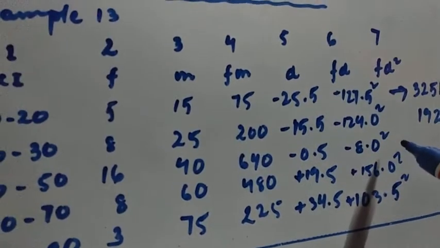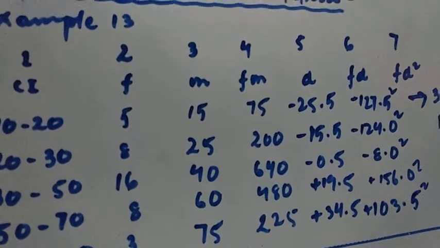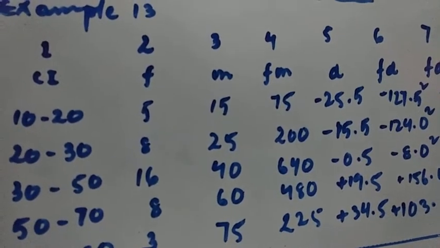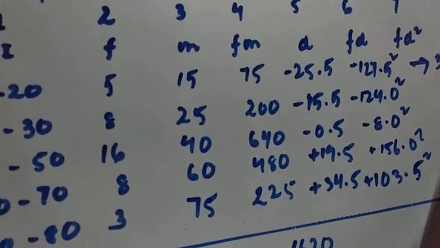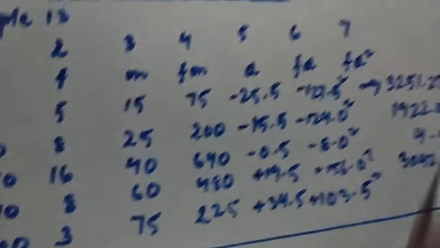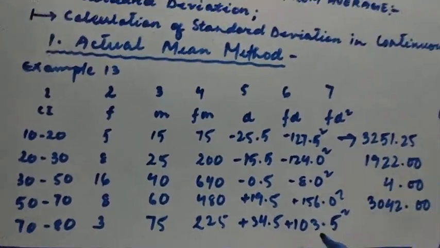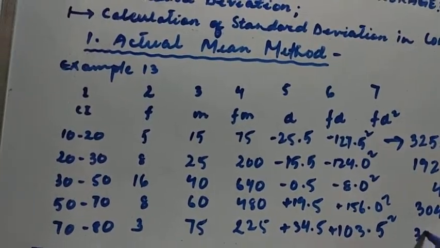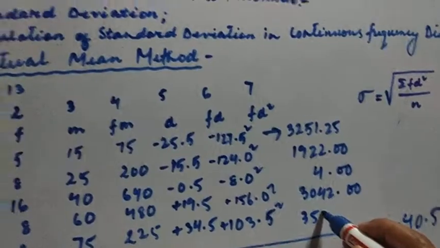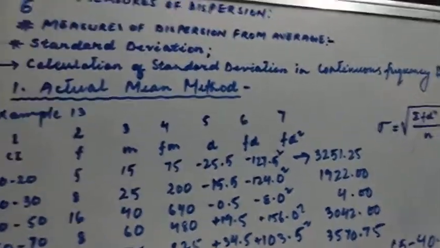Minus 8.0 square is 4.00. 156.0 square is 3042.00. And 103.5 square is 3570.75.